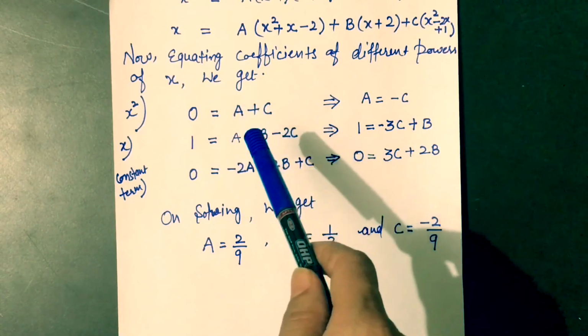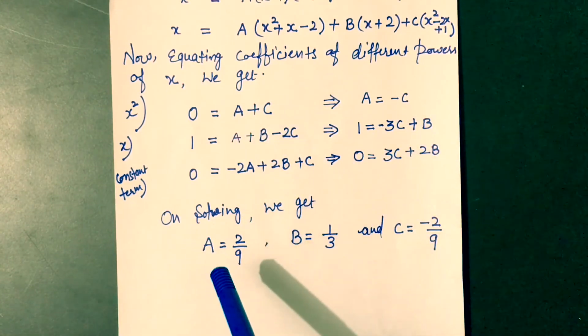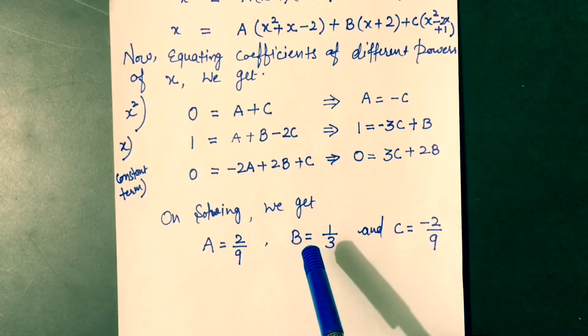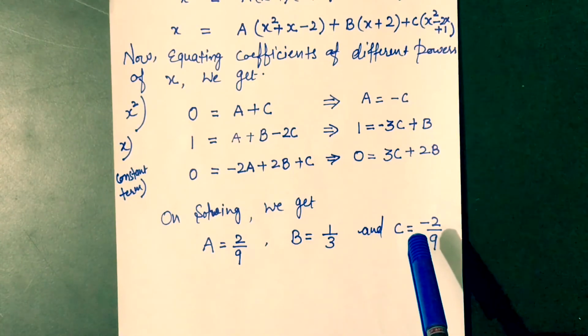three equations we get a as 2 by 9, b as 1 by 3 and c as minus 2 by 9.